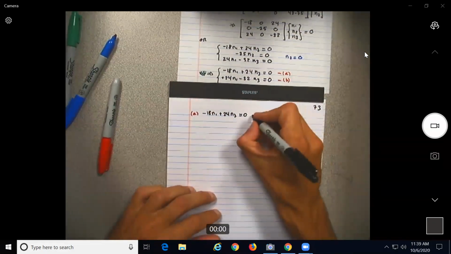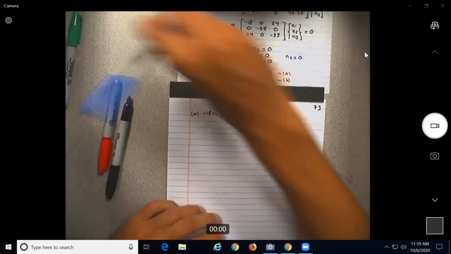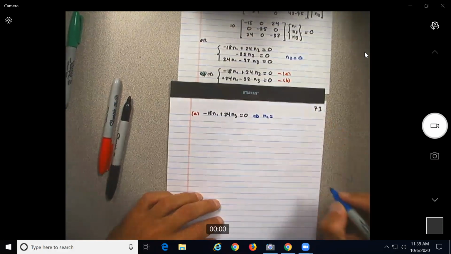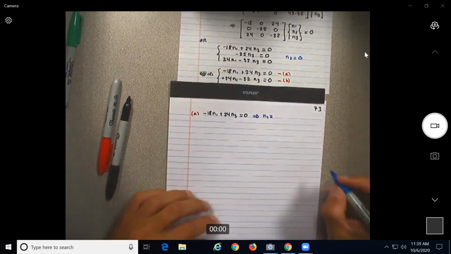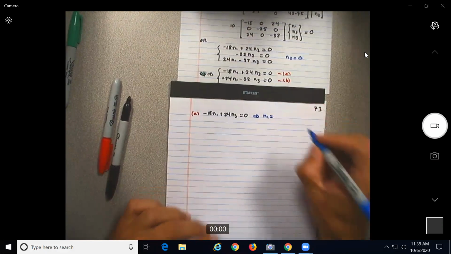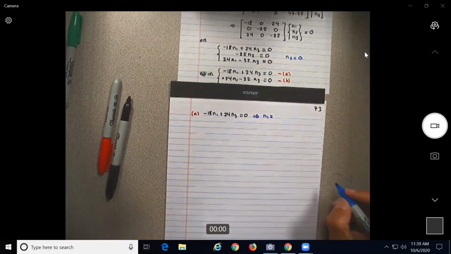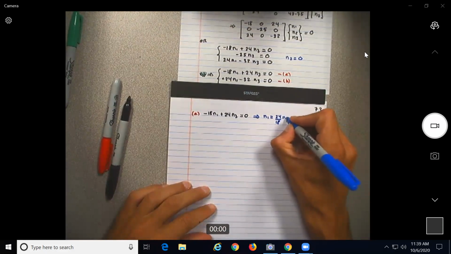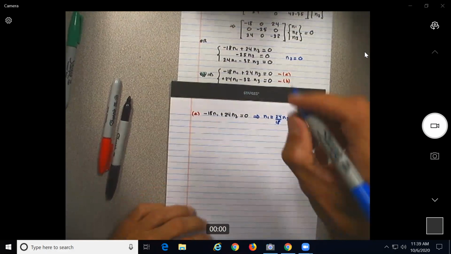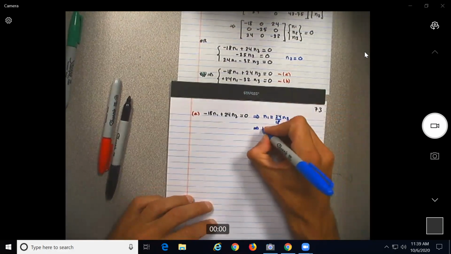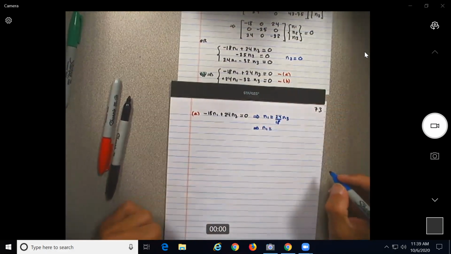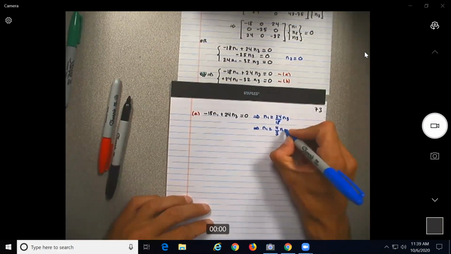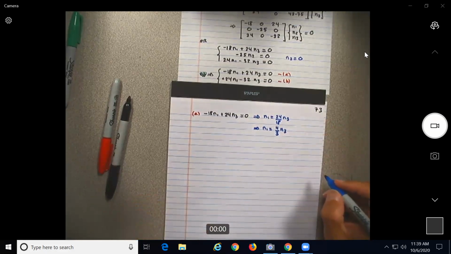So from this one, n1 should be equal to 24 over 18 n3, or n1 will be equal to 4/3 n3.